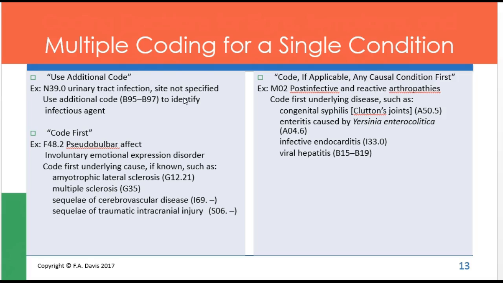These are very common manifestations or results of having diabetes. Okay, so often things like this will require two codes, an etiology and a manifestation. Another thing I would encourage you to do is to keep a list for yourself of terms that you run across that you're unfamiliar with.